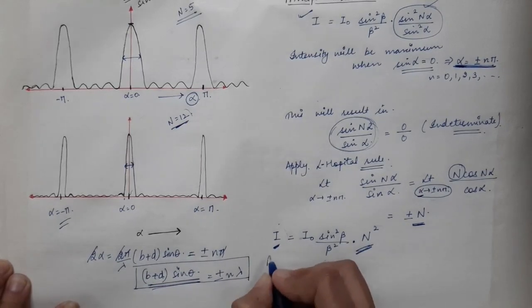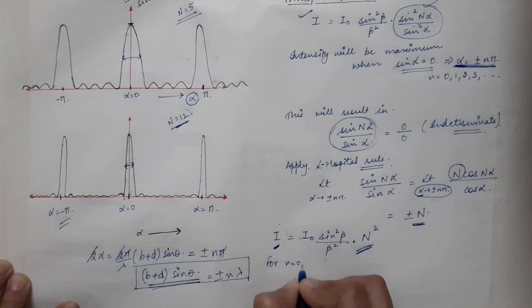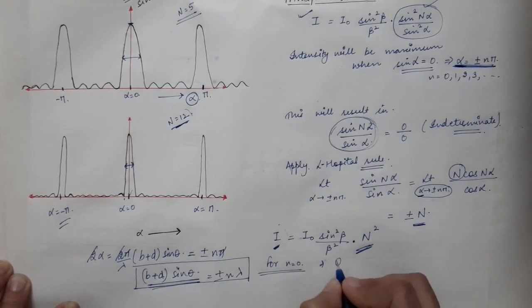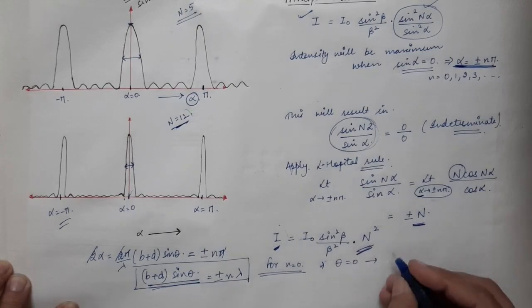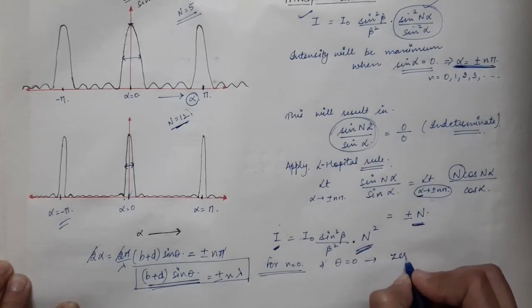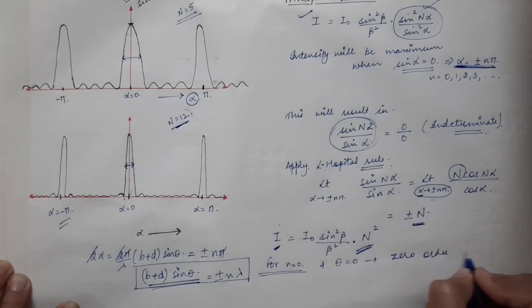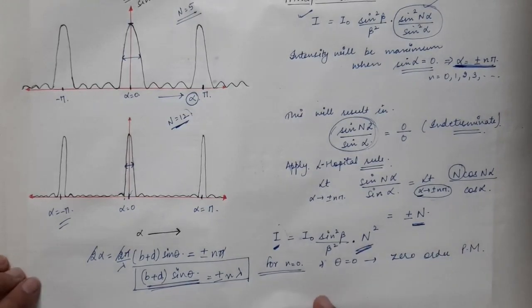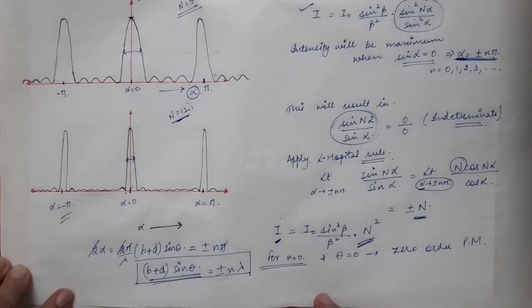When n is equal to 0, this theta will come out to be equal to 0. So theta equal to 0 gives us the direction of the 0 order principal maxima.